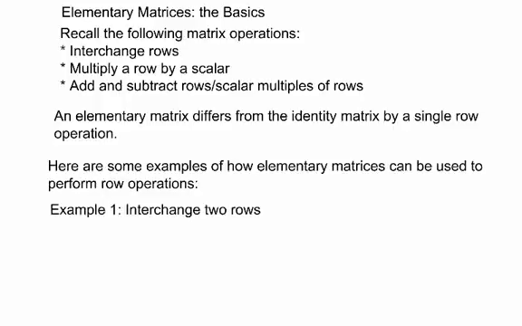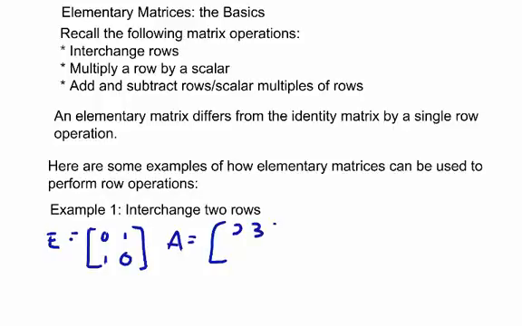For the first example, we'll use an elementary matrix to interchange two rows of a matrix A. We'll let matrix E, our elementary matrix, be equal to 0, 1, 1, 0, so that we can interchange rows on matrix A, which is equal to 2, 3, 7, 4, 1, 9.